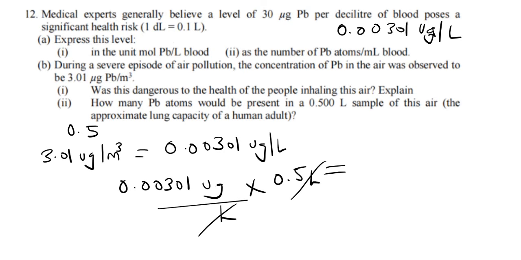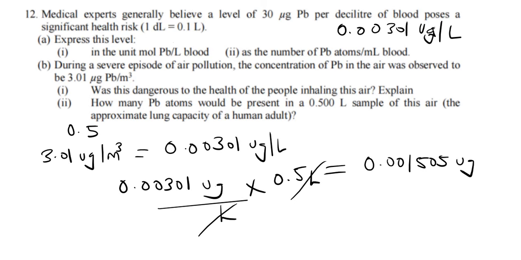Multiplying 0.00301 by 0.5, I'm getting 0.001505 micrograms. Now we're supposed to convert this to grams, to check the actual mass.